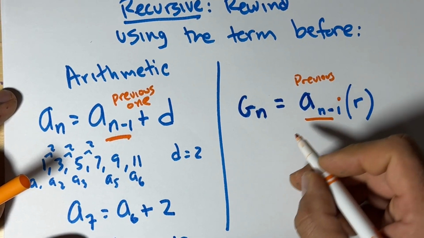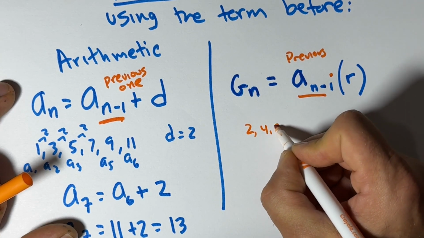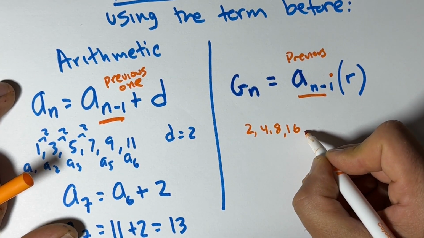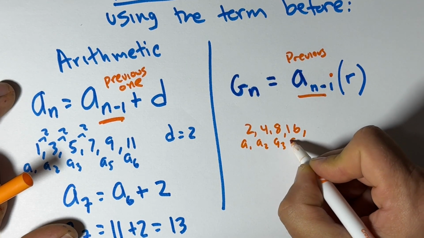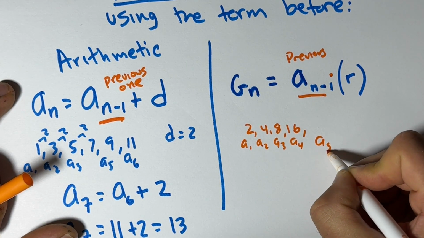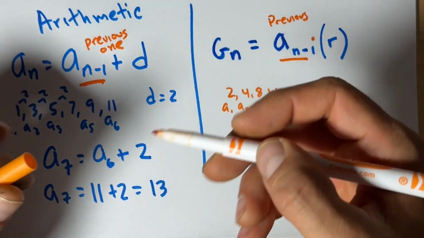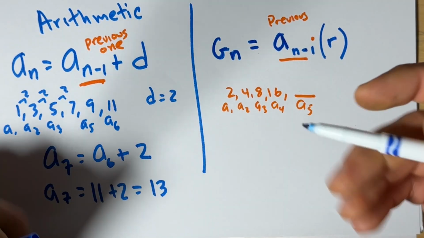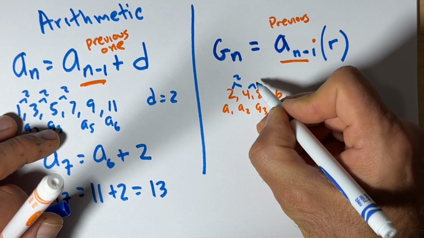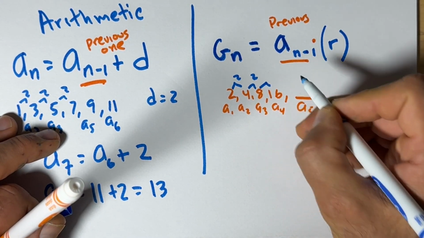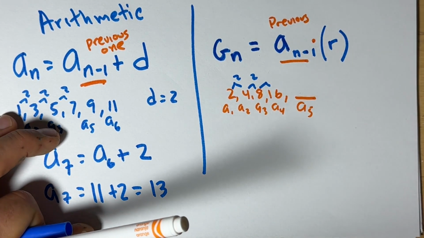So let's say I have a pattern, 2, 4, 8, 16. And I want to find the fifth term, a sub 1, a sub 2, a sub 3, a sub 4. I want to find a sub 5, or the fifth term. Well, I keep multiplying by 2. My common ratio is times 2. So doesn't it make sense that to get to the next one, we use the one before it times 2?